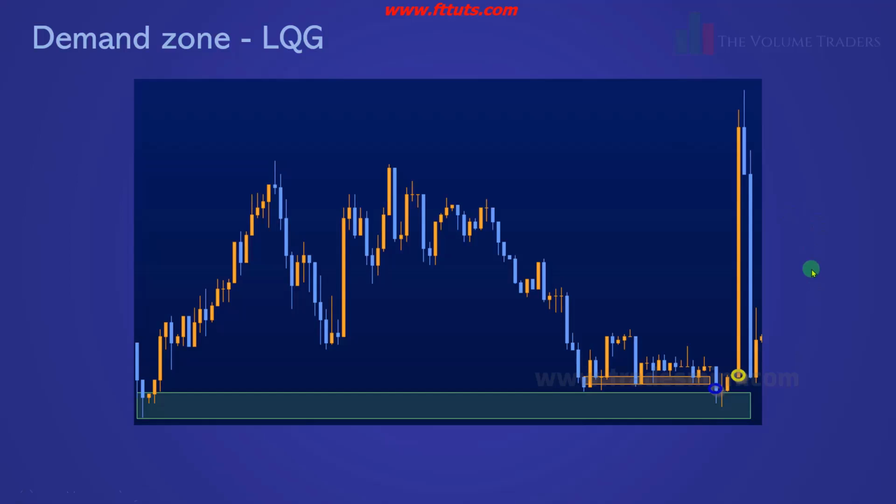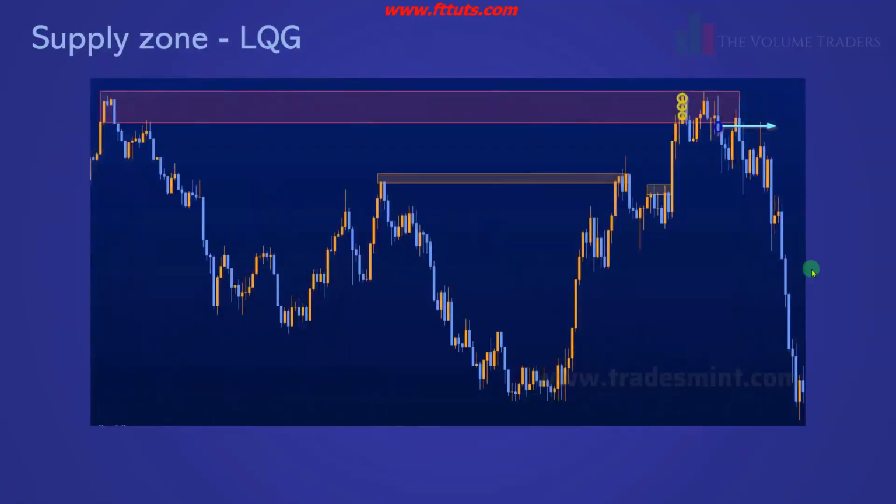And then the liquidity grabs to the supply zone are the opposite. Couldn't be different. Here in this scenario, there was a small, maybe not that clean, resistance as equal highs, but here we have a very nice, good-looking double top.